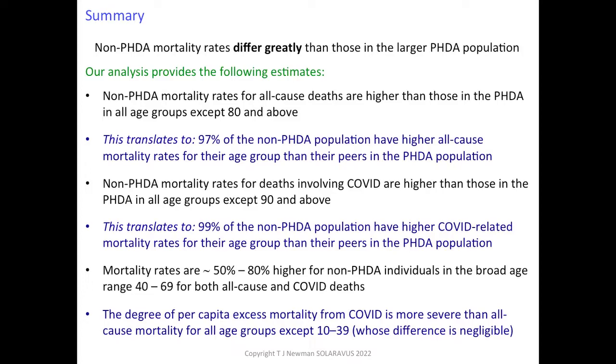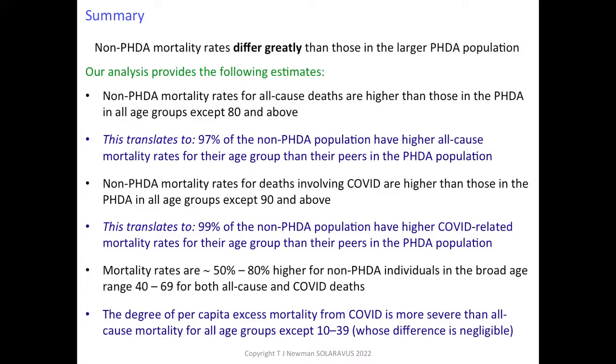I want to draw particular attention to the age groups 40 to 70. Because there we see that the excess mortality is always higher than 50% and can be as high as 80%. So individuals in those age groups have almost double the mortality rate compared to their PHDA peers. I find that quite staggering.